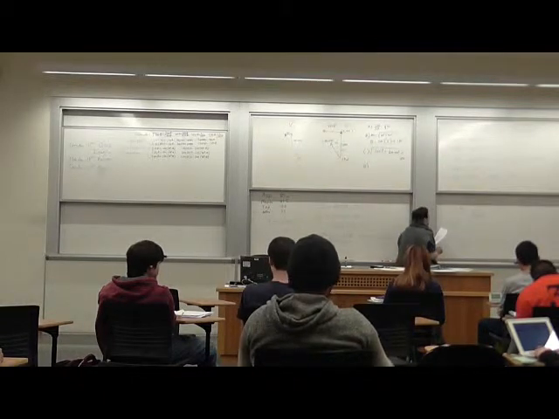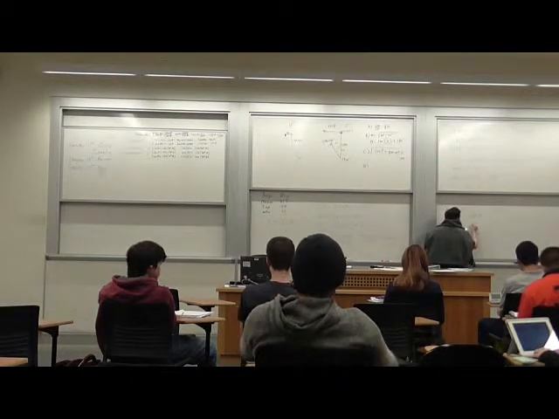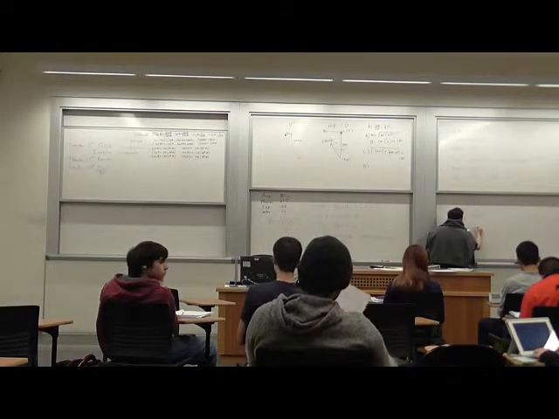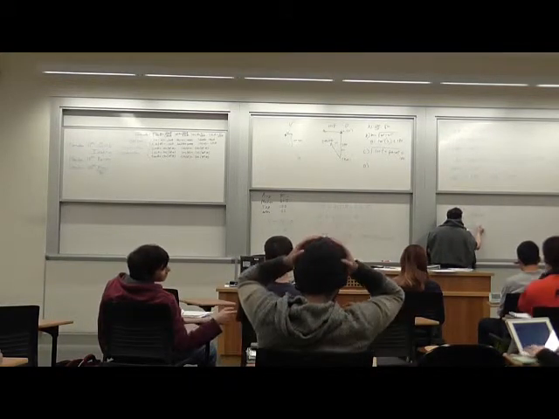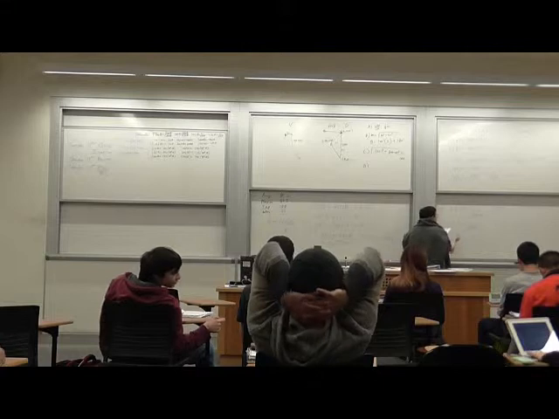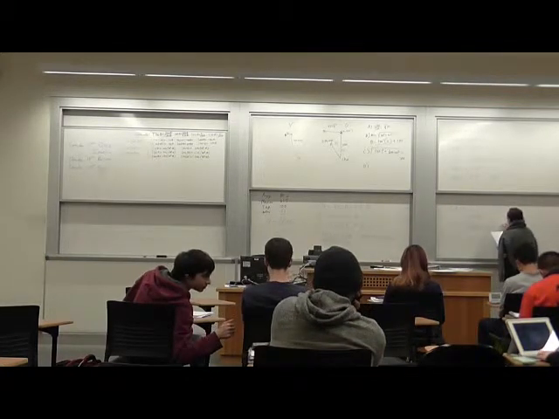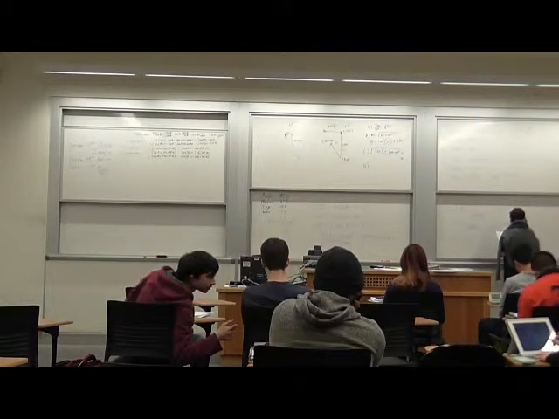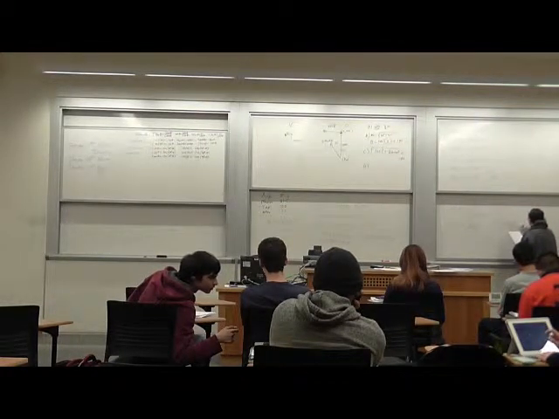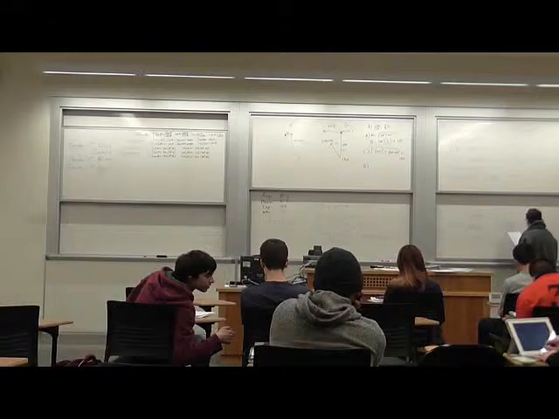We get 1 over sine of negative x. Or I could find the reciprocal of both sides, and I'd get sine of negative x equals 1 over minus 5.6.